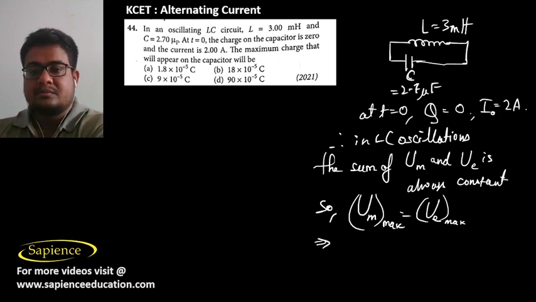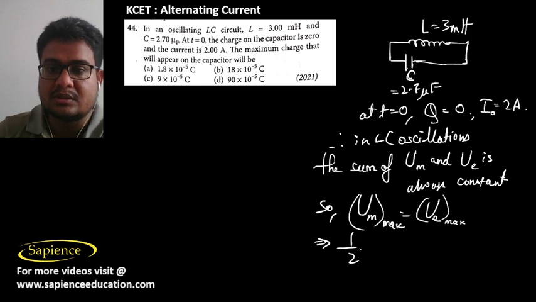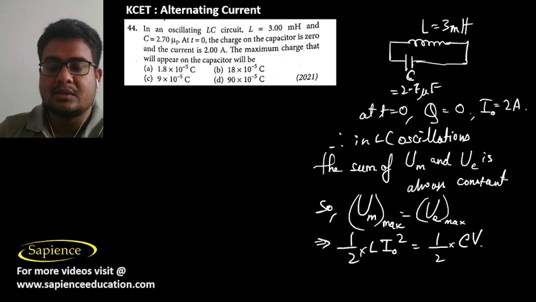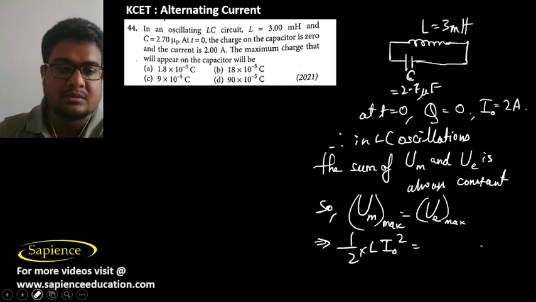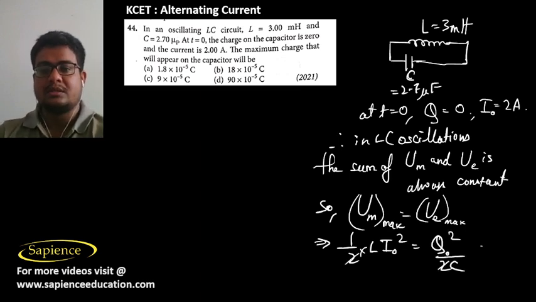The maximum magnetic energy stored in the inductor will be half L I naught square. That will be equal to the maximum electrostatic energy, that is half C V naught square, or I can say Q naught square by 2. 2 and 2 will get cancelled.